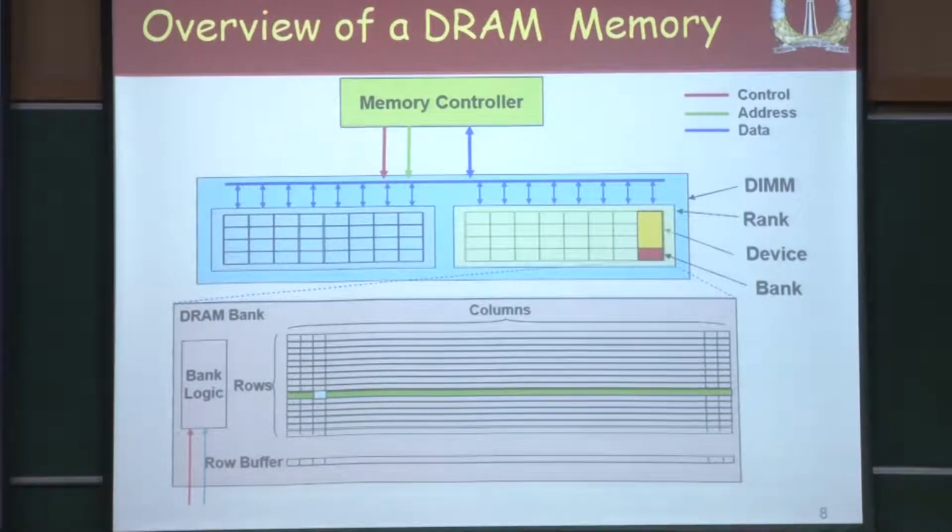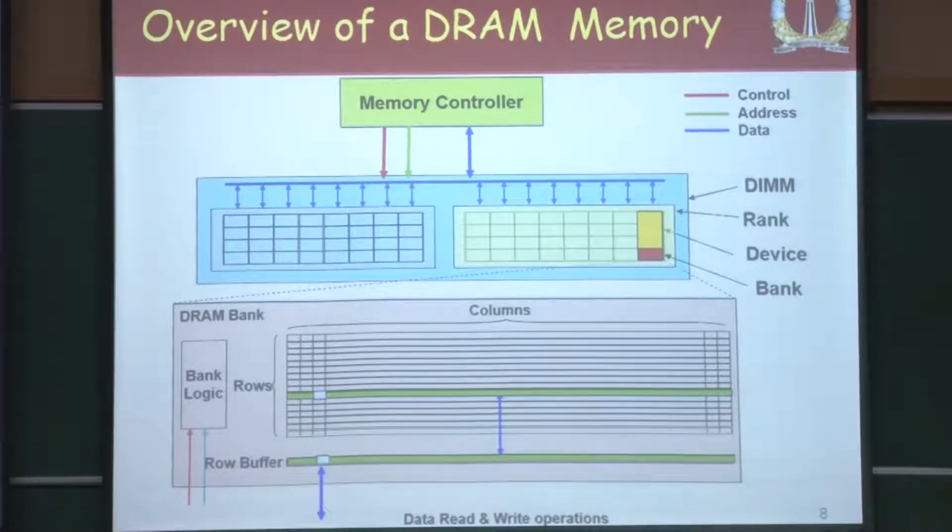All right. So, when you want to access the data, what really happens is that after you did a rank selection and a bank selection, the bits which correspond to row selection are sent to the row decoder. And when it goes to the row decoder, the corresponding row which is there in your DRAM device is brought into what is called the row buffer.